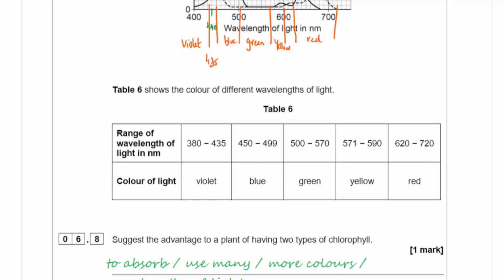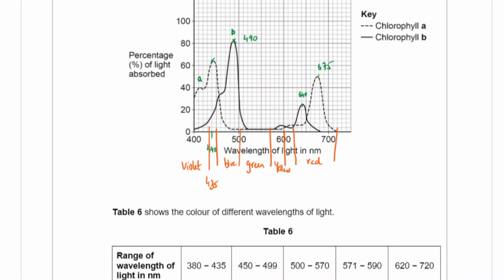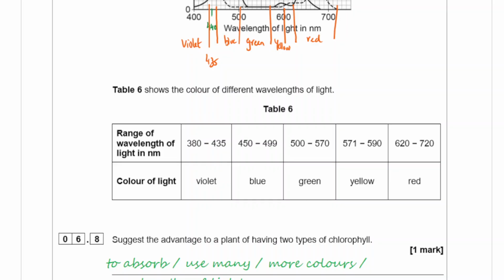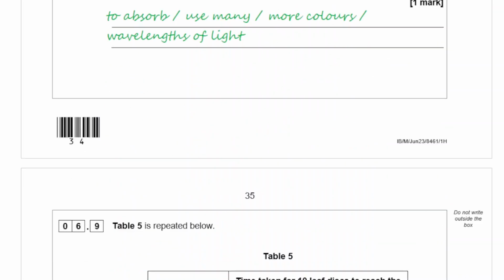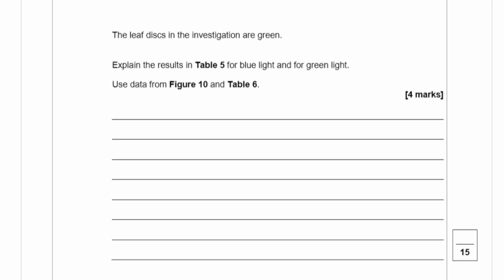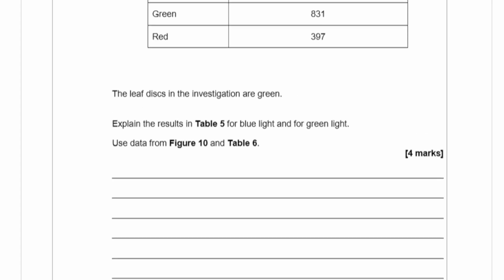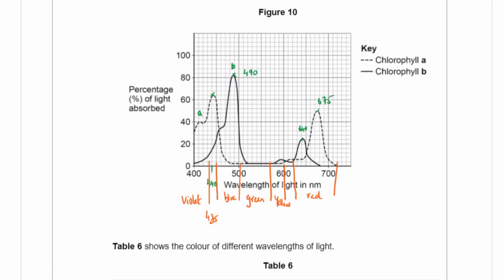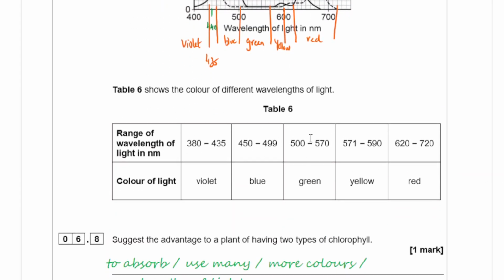Figure 10 and table 6 is basically the graph and the table here. So let's go back to the question. Explain the results for blue light and for green light. As you can see, blue light is 450 to 499, and green light is from 500 to 570.